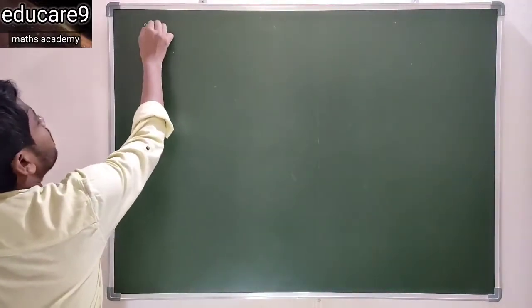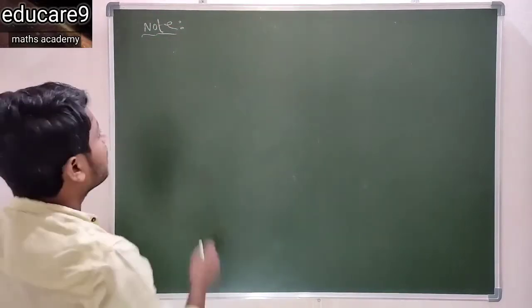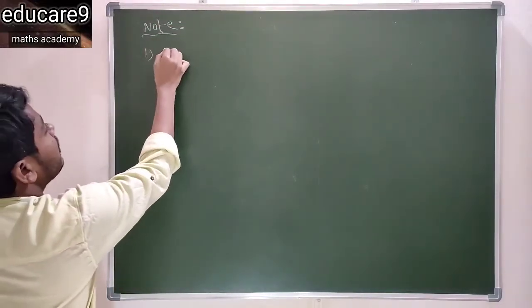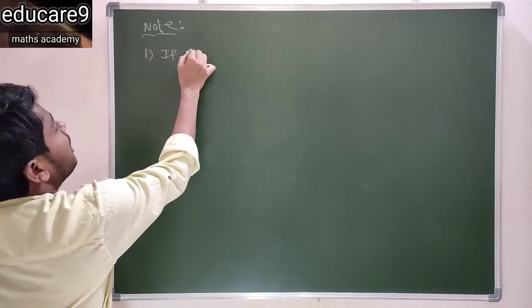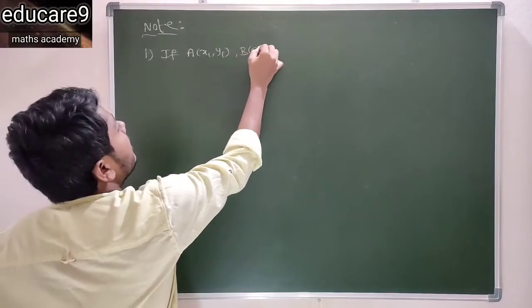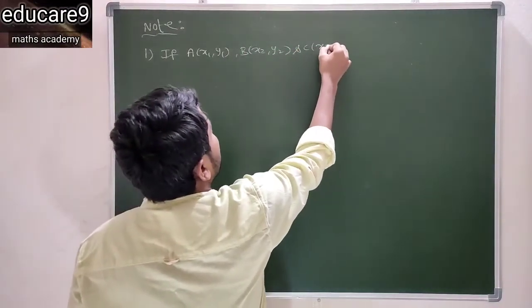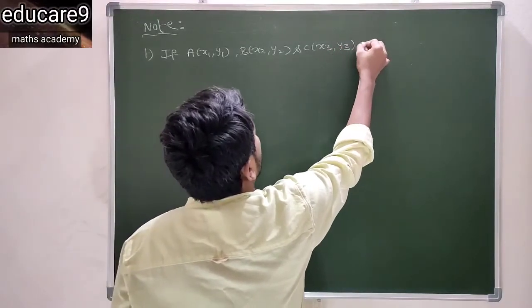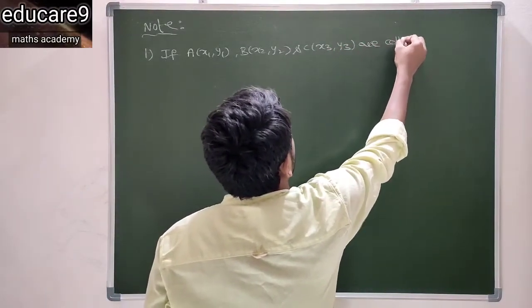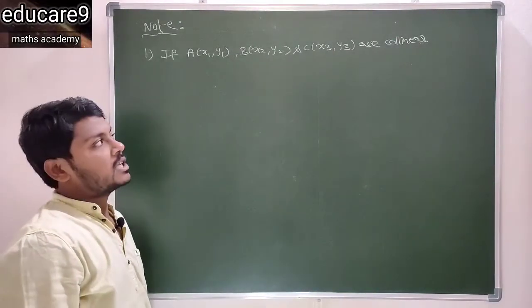So see here, note. First one, if A(x1, y1), B(x2, y2) and C(x3, y3) are collinear, okay, then what is the condition?